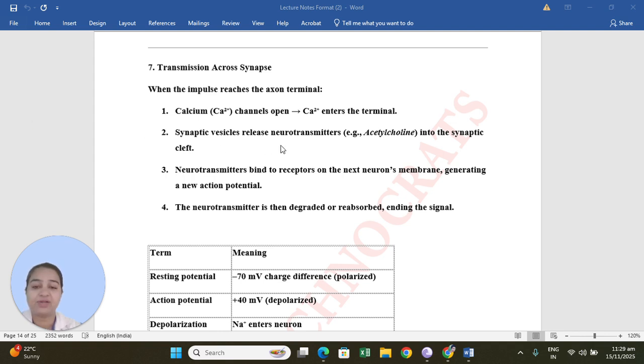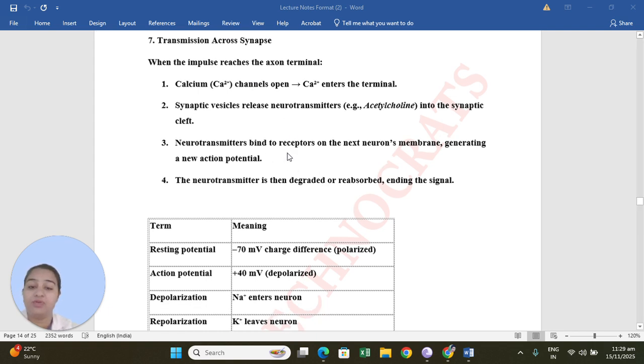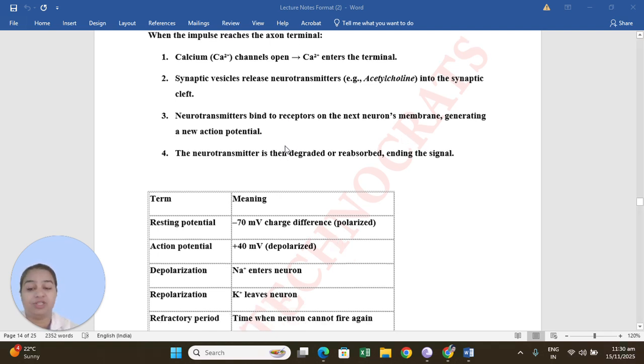Children, synaptic vesicles release neurotransmitter. When the signal reaches the axon terminal, calcium channels open and calcium enters the terminal. Then the synaptic vesicles open. These are small pockets which open and release the neurotransmitter into the synapse. The neurotransmitter binds to the receptor site of the neuron membrane, generating a new action potential.